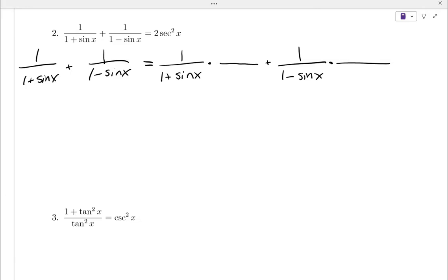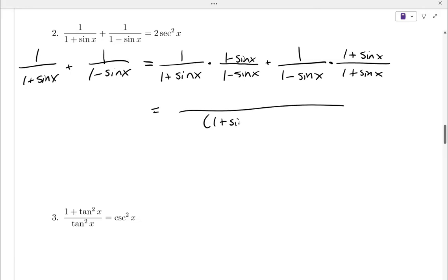So what do we need to multiply the first fraction by? 1 minus sine x over 1 minus sine x, and the second one? Yeah, 1 plus sine x, good. So we've got a common denominator of 1 plus sine x times 1 minus sine x.